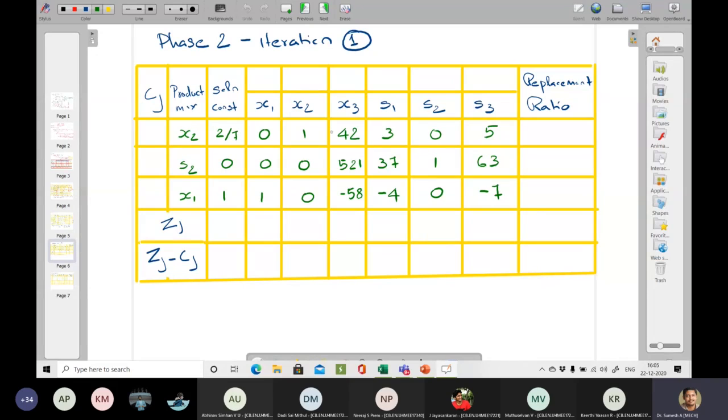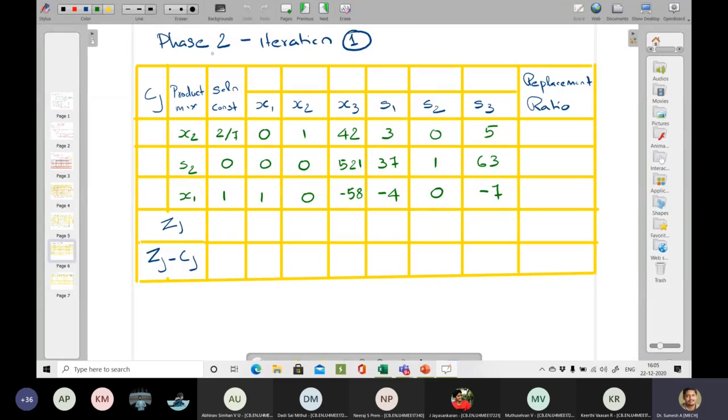Only thing is that in phase 1, all the variables were 0 and A1 alone was minus 1. In phase 2, I have to consider my actual objective function, which is 3x1 plus 2x2 plus 2x3 plus 0s1 plus 0s2 plus 0s3.